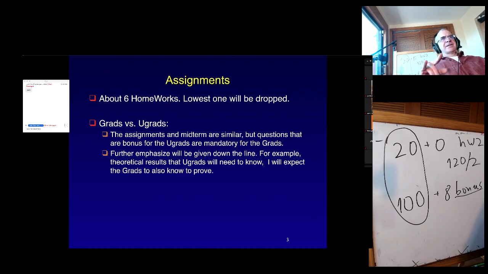Again, between the midterm and the final, the one that has the higher grade also gets more weight. The intention is that if you did poorly in the midterm, but now you want to pull yourself together and do fantastic in the final, then you still have a chance to get a good grade, provided, of course, that you do much better.